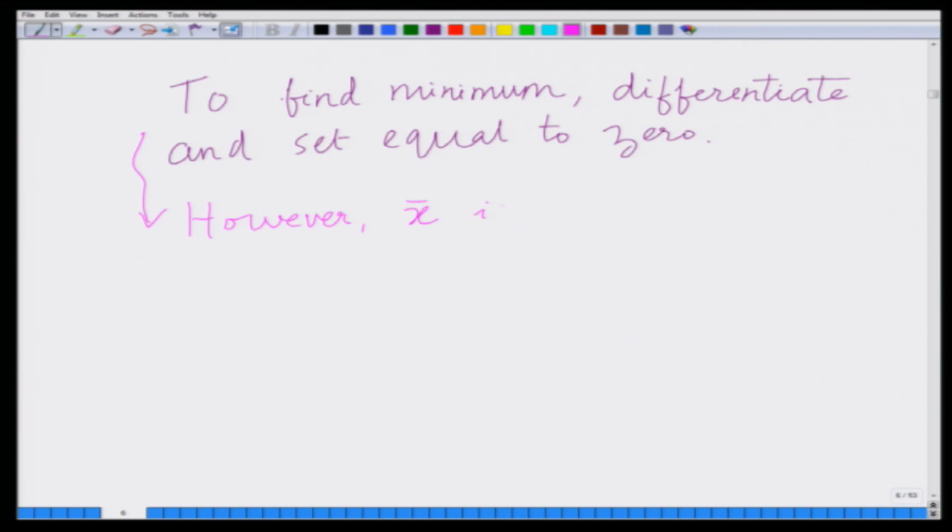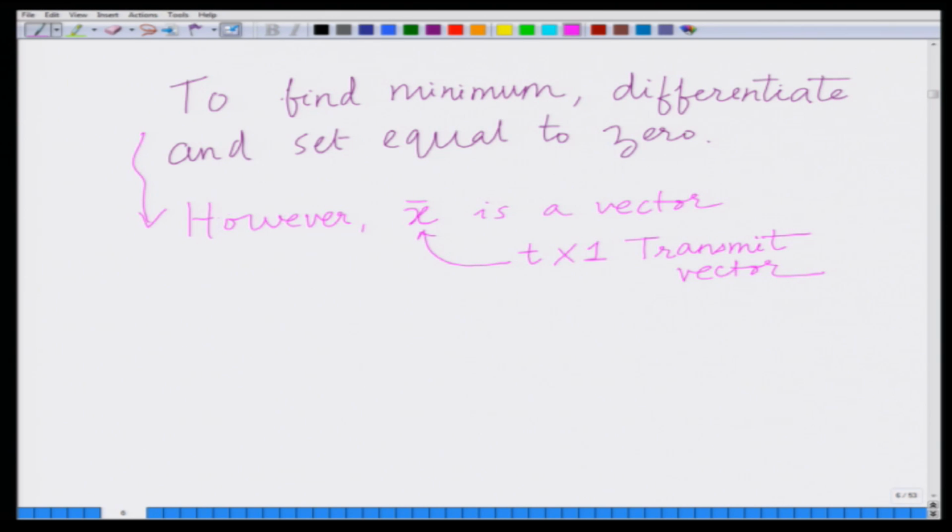Remember, more specifically, x bar is a T cross 1 transmit vector.